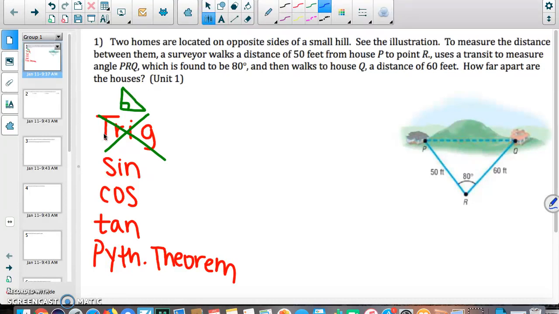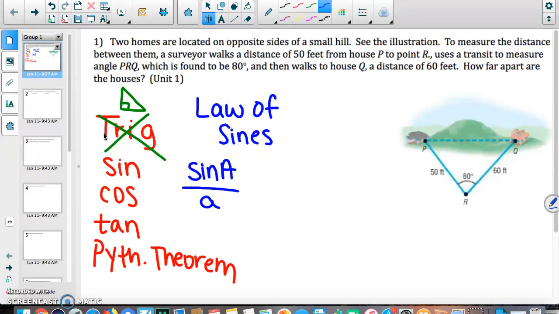The next tool in our toolbox that we covered was law of sines. If you remember, the law of sines states that the sine of any angle divided by the side across from that angle. So for example, if this angle is P, then this would be the side P. And if this angle is Q, then this side would be the side across from it, right?